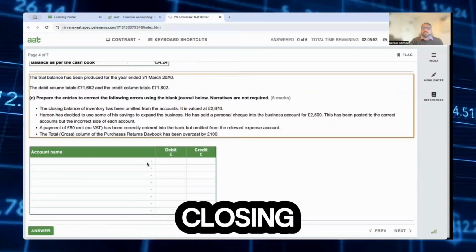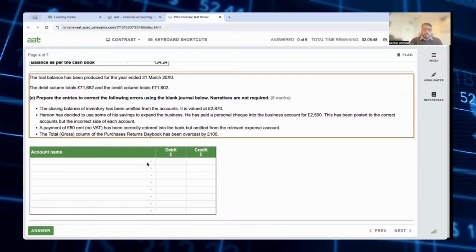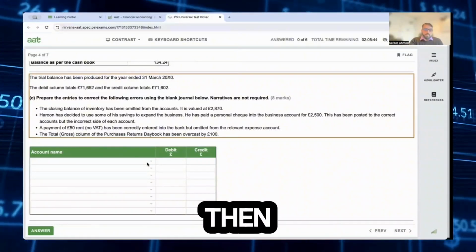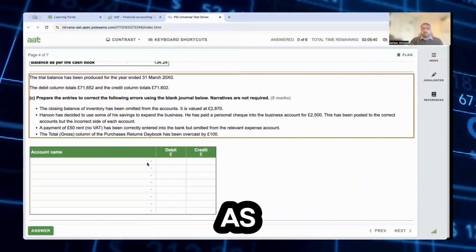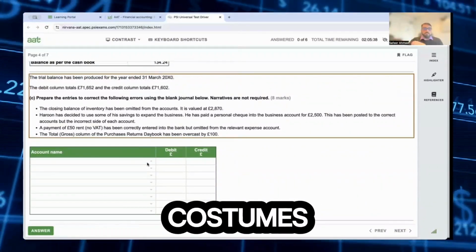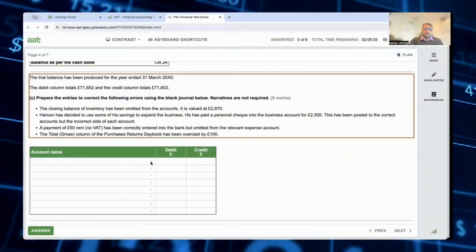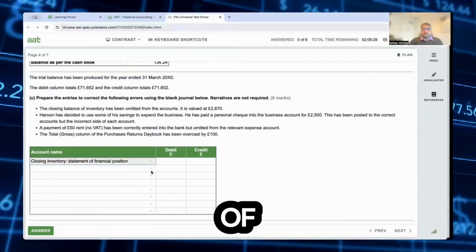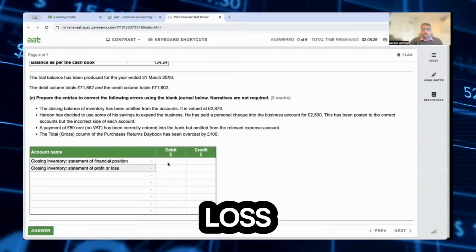Now we know that closing inventory goes on the statement of financial position as an asset, debit, and then it goes on the credit side of the statement of profit and loss as part of your cost of sales. Remember, cost of sales is opening inventory plus purchases minus closing inventory. So it will be closing inventory, statement of financial position, and then closing inventory, statement of profit and loss.